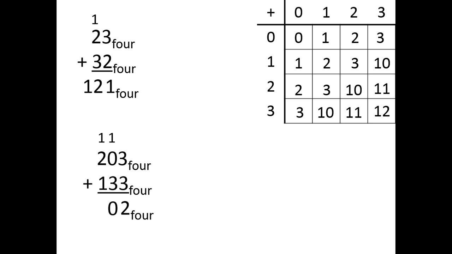This is the 16s column to us. 1 plus 2 plus 1, I'm thinking 4 in base 10, but I'm letting myself think in base 10. I want to write in base 4. So 4 in base 10 is 1, 0 in base 4. So the sum of these two numbers is 1002 base 4.